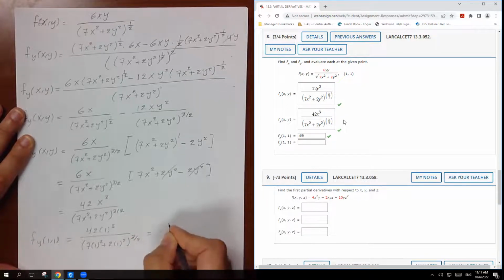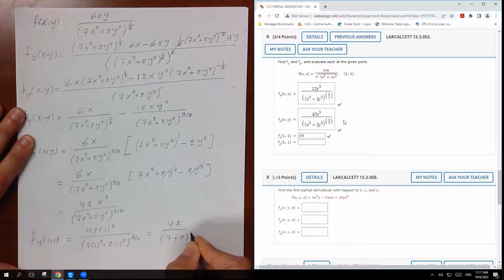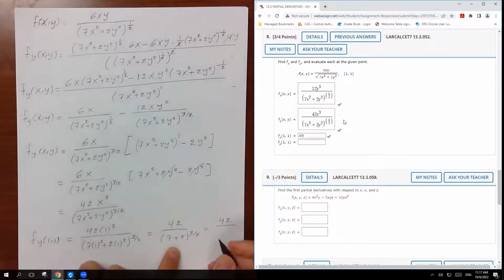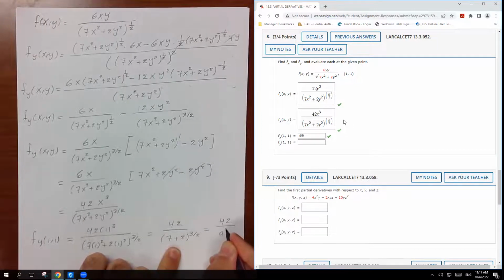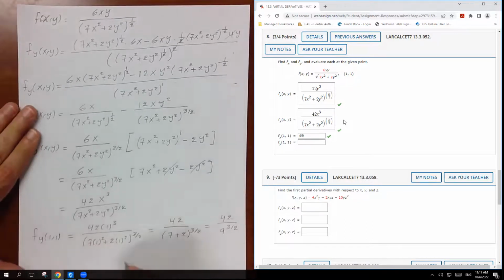So it's going to be 42 divided by 7 plus 2 to the 3 over 2, which is also 42 divided by 9 to the power 3 over 2. Simplify this one, it's 42 over 9 to the 3 over 2, which is the square root of 9 cubed.